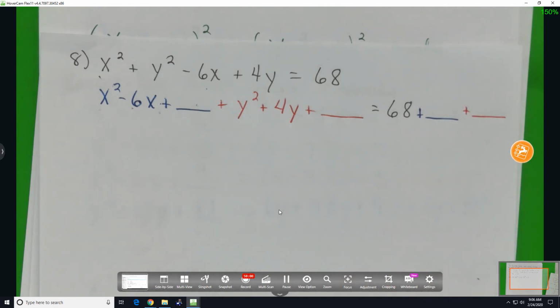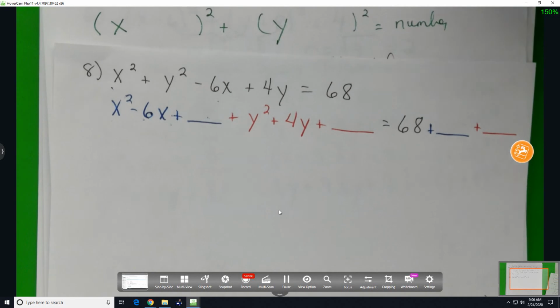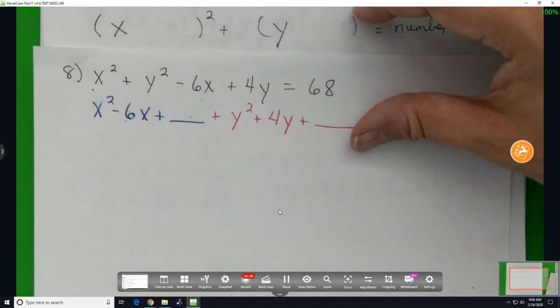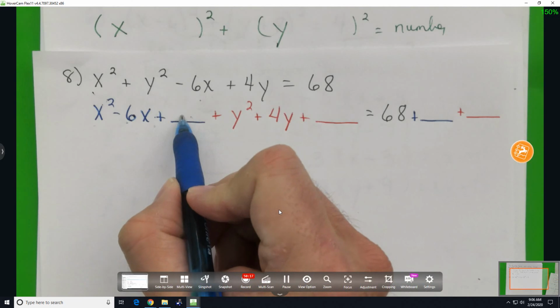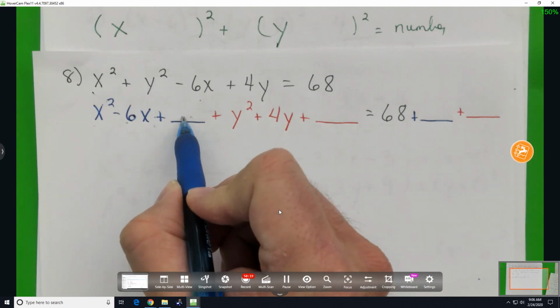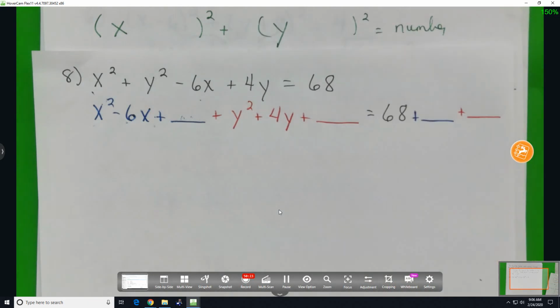The goal is I'm trying to get it written with these parentheses. Because once I have it written with the parentheses, change the sign, square root. Well, what number do I need to put right here so I can factor it like this stuff with just the square?